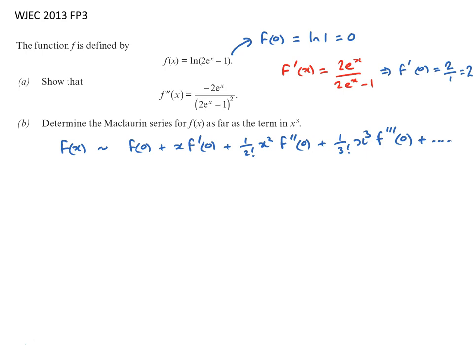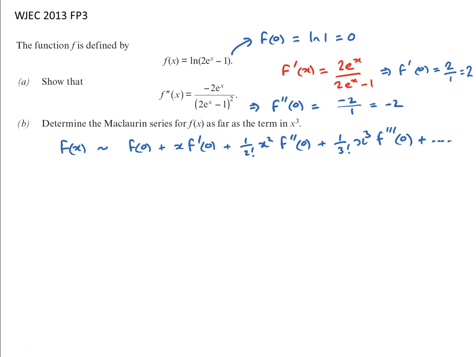We've established the result for the second derivative of f. So the value of the second derivative of f when x is 0 is minus 2 divided by 1 squared, and that just gives me minus 2.